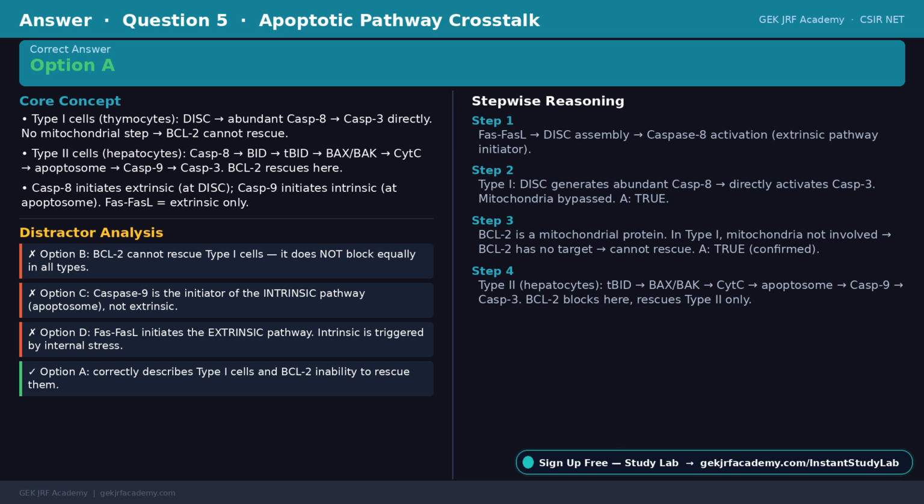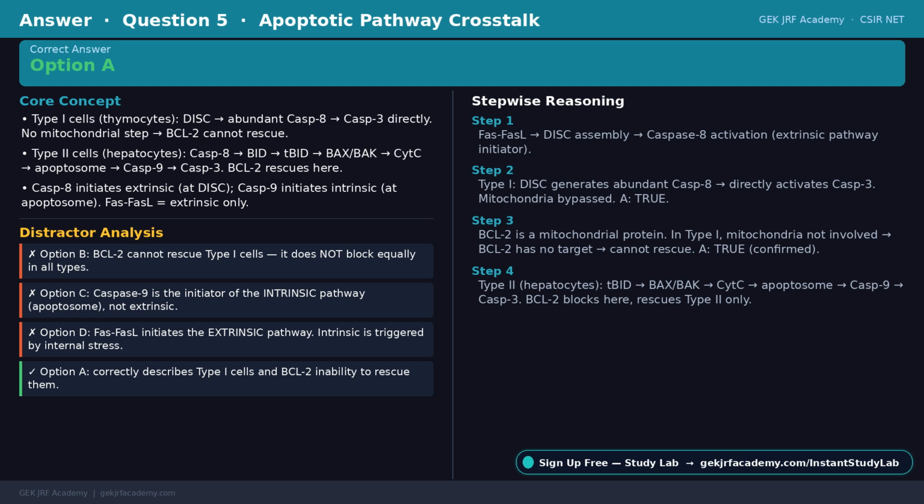The correct answer is option A. The core concept. Cells executing apoptosis via death receptors fall into 2 functional types. In type 1 cells, which include thymocytes and Jurkat T cells, the death-inducing signaling complex assembles efficiently and generates abundant active caspase 8.